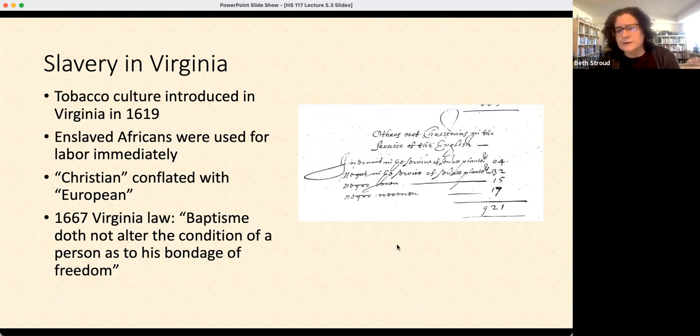And you hear Negro men, Negro women, listed as a part of that group, marked off as others not Christian. A 1667 Virginia law declared that baptism changed nothing about the bondage or freedom of a human being.